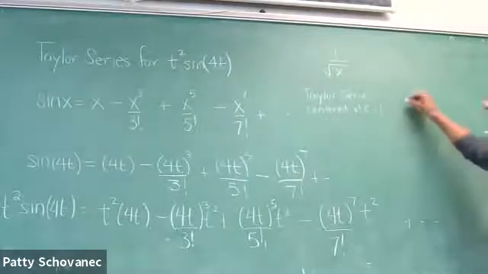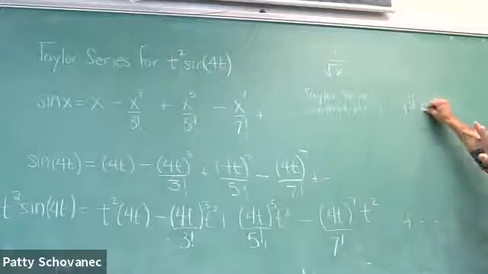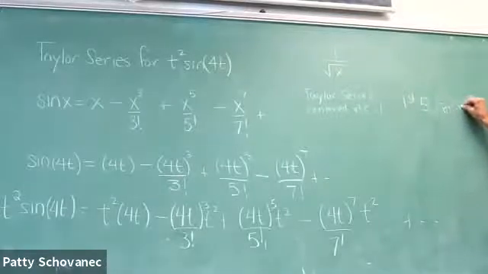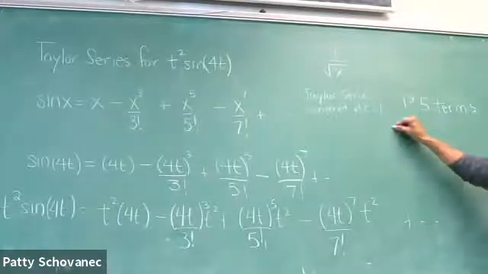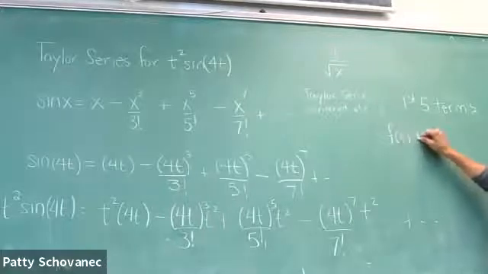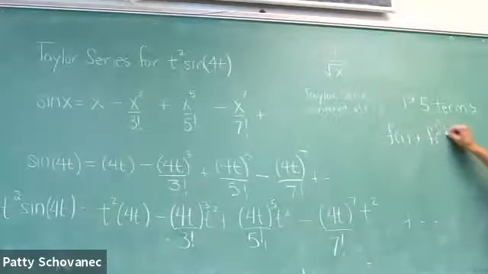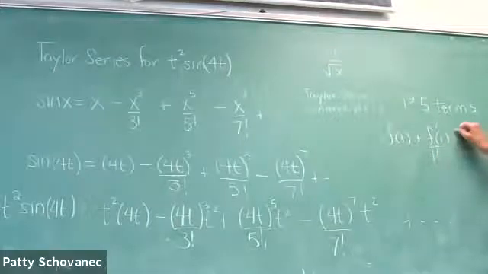Okay, so the first 5 terms would look like f of 1 plus f prime of 1 over 1 factorial times x minus 1 plus f double prime at 1 over 2 factorial times x minus 1 squared. 1, 2, 3, 2 more terms.